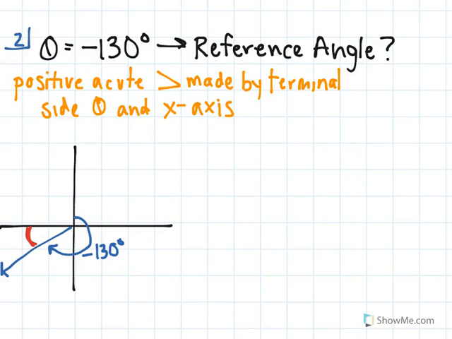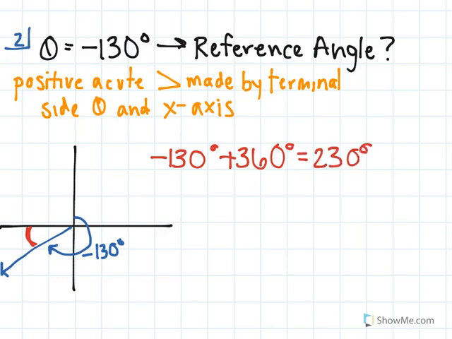So the first thing that we need to do to solve this problem is find the coterminal angle. So in order to do that, we're going to add 360 degrees to negative 130 degrees. So that gives us 230 degrees. So that basically gives us this angle.